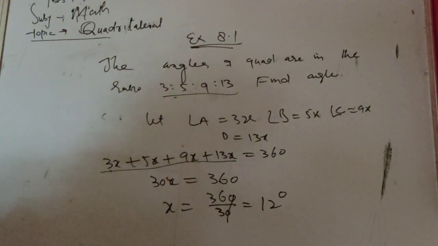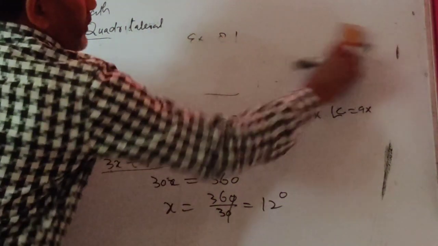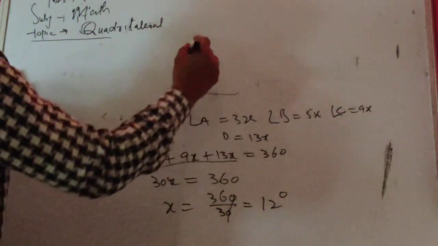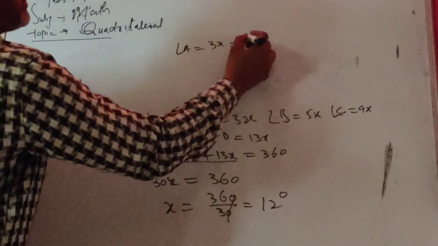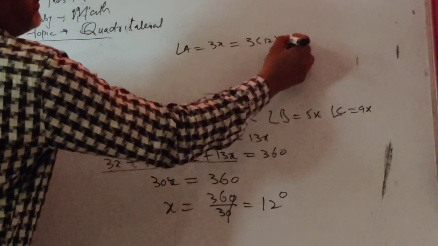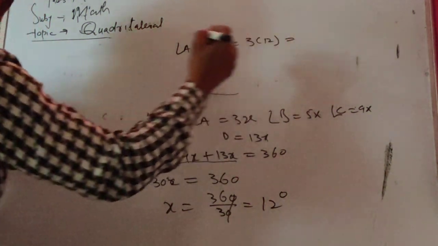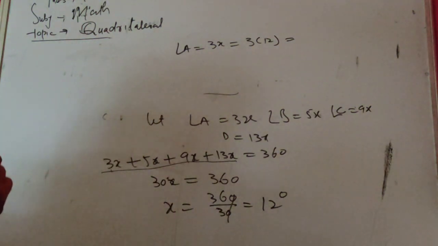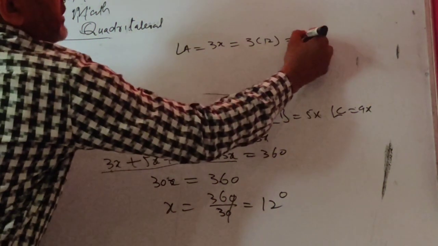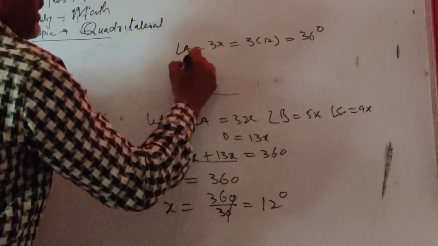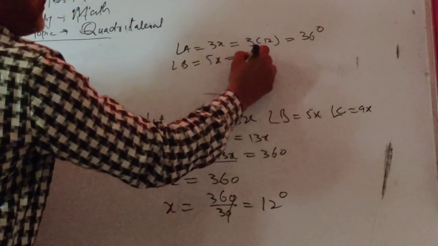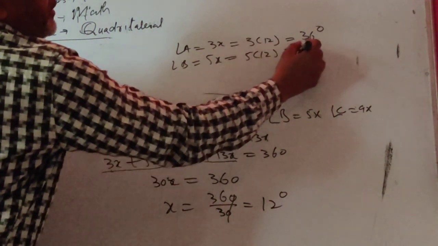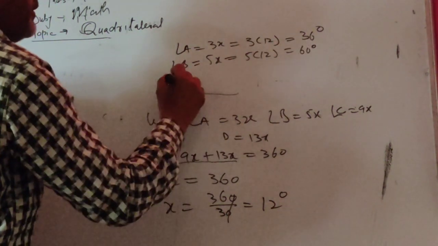Now we have the angles. Angle A is 3x, so it is 3 into 12, angle A is 36 degrees. Angle B is 5 into 12, means 60 degrees.